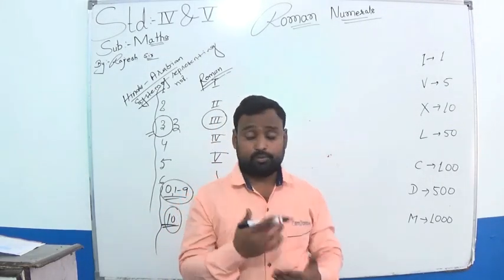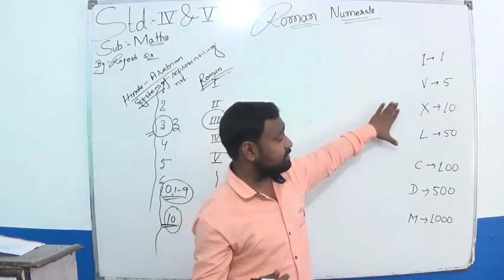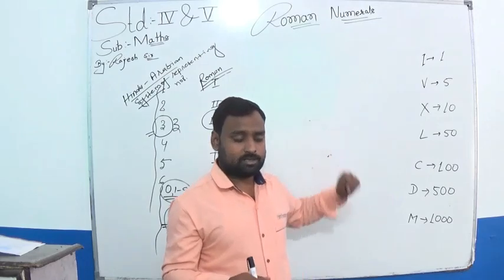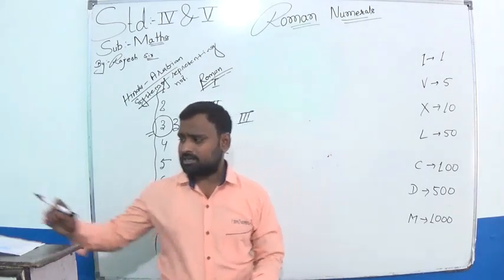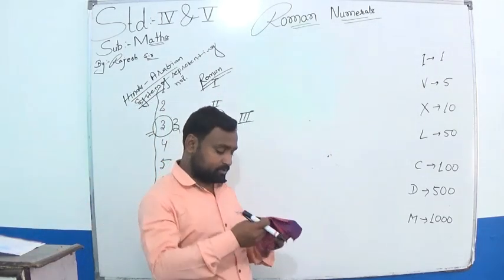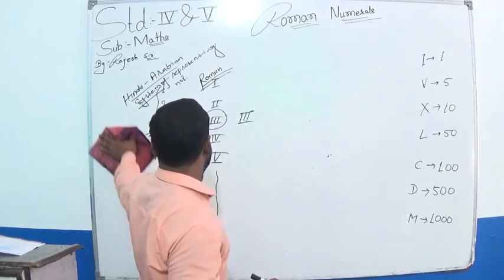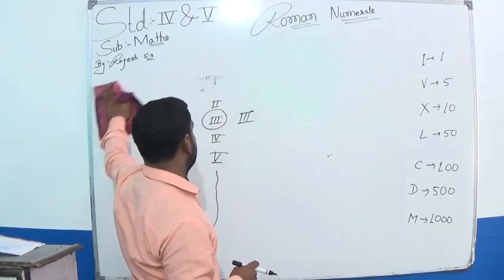Now, how do we utilize these 7 symbols to represent numbers? See, there are some rules to represent numbers in Roman numerals. First of all, we will learn rule number 1.